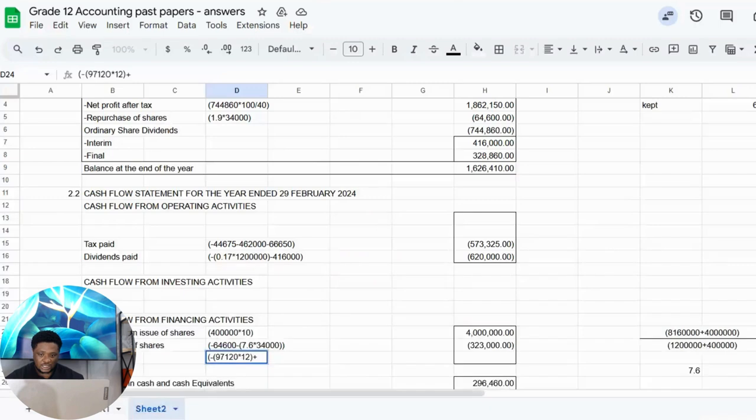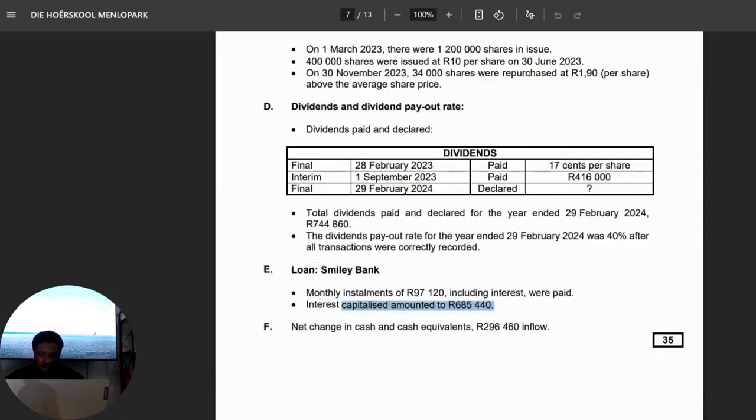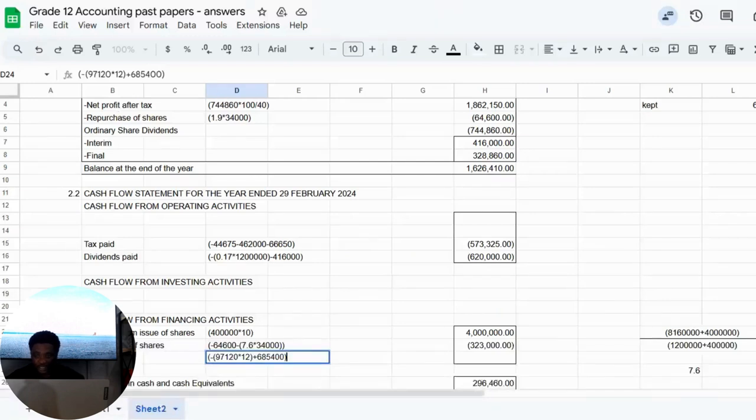So to exclude that interest, we say 685,440. Now, forget the logic of it. You can calculate this outside, but my intention here is just to make sure that the amount comes out negative. I'll put it in my calculator, and you will see how it's going to happen. So there is the calculation for the loan that has been repaid.